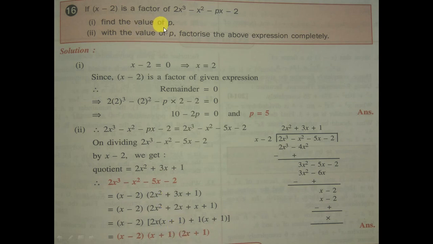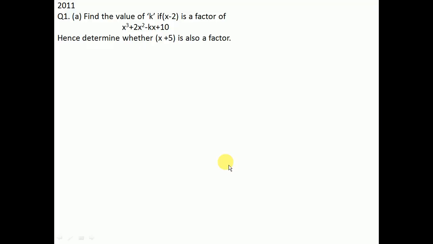The extra part is you have to find the value of p here. Once you get the p value, you get a polynomial. You can replace p with 5. Then like the last two cases, you can divide. You need to practice dividing and splitting the middle term. Splitting you already practiced. This division method once again you have to practice. Whatever you learned in the previous chapter helps us to do better here. Hope you understood. These are some of the solved examples.